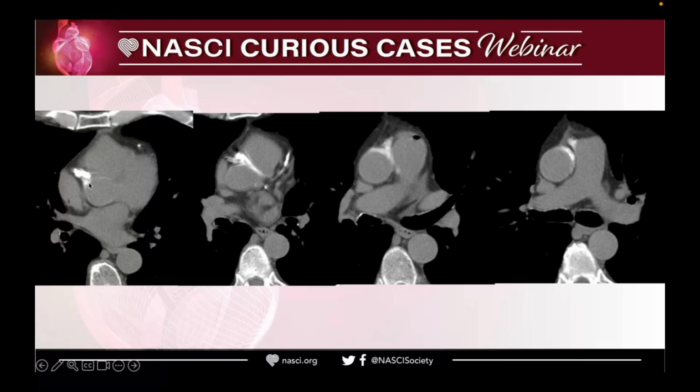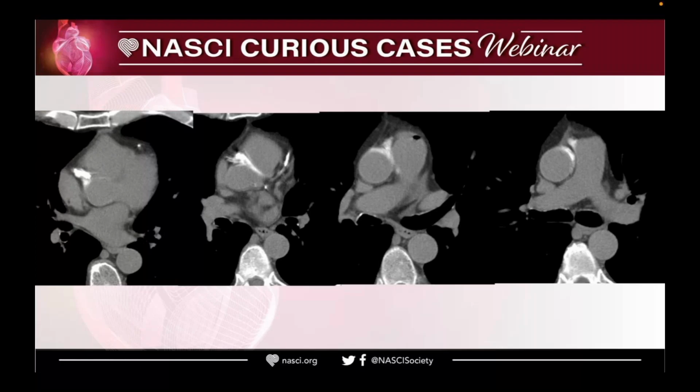Because of his age and comorbidities, they preferred percutaneous management rather than CABG, coronary artery bypass surgery. But unfortunately, the patient developed chest pain, and they thought that they did something in the cath lab.